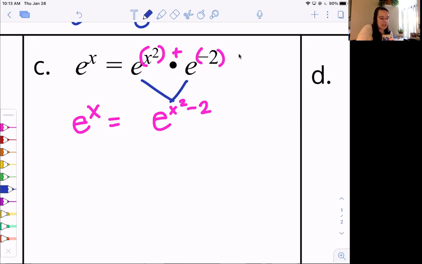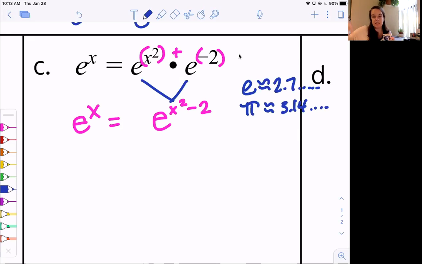E is just a number. It is approximately 2.7, with more numbers after that. It's like pi, right? Pi is like 3.14159, and goes on forever and ever. It's an irrational number. E is another one of those irrational numbers. It stands for roughly 2.72, I think, 2.71, something, roughly 2.7.